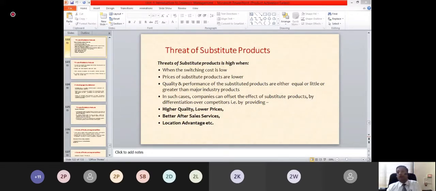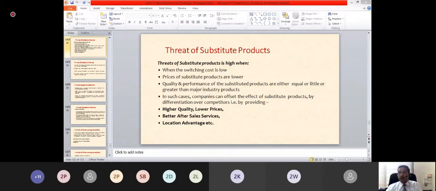Therefore, to make the customers not switch from our brand to another brand, there are different methods of differentiating our product from the competitors' product. We will have to differentiate our product from the competitors' product.